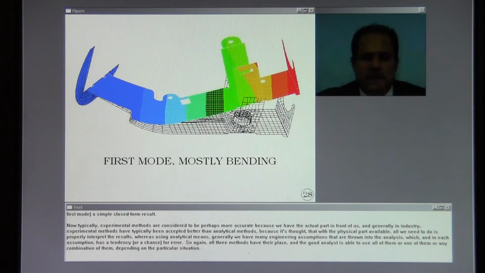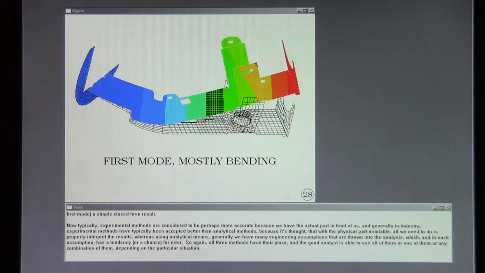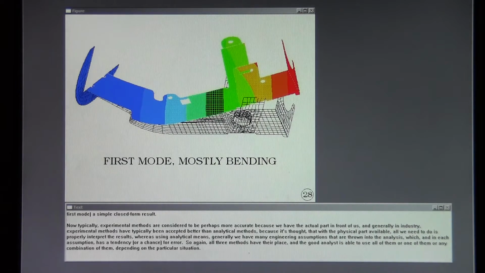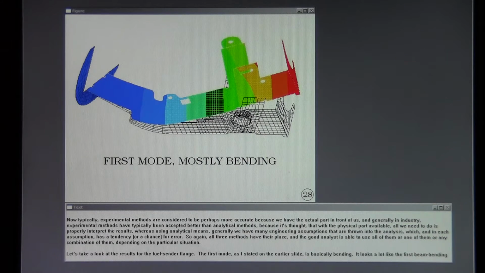Now, typically, experimental methods are considered to be perhaps more accurate because we have the actual part in front of us, and generally in industry, experimental methods have typically been accepted better than analytical methods, because it's thought that with the physical part available, all we need to do is properly interpret the results.